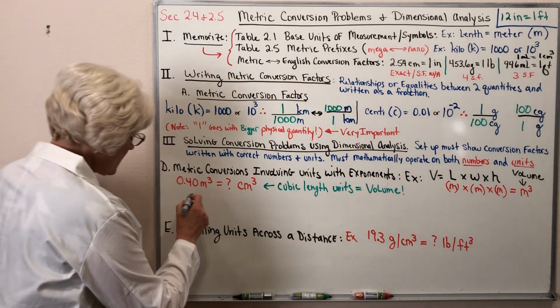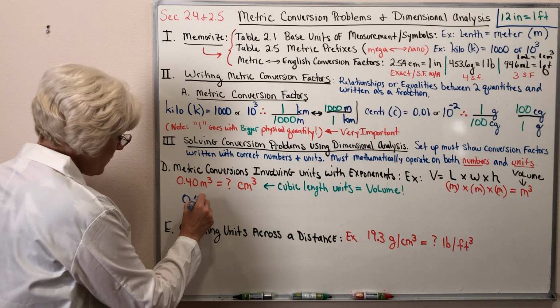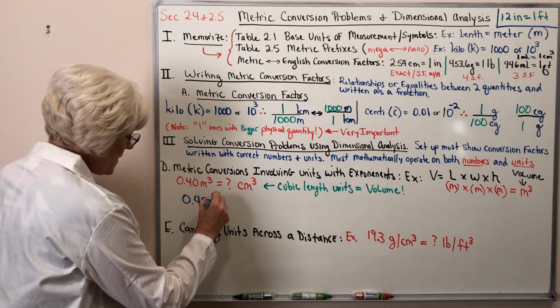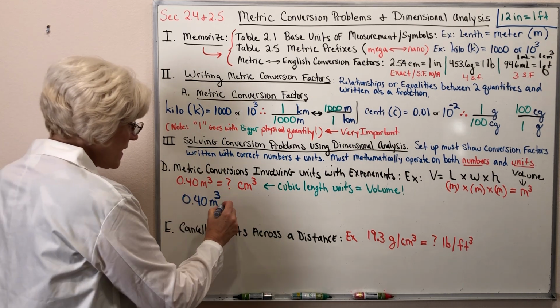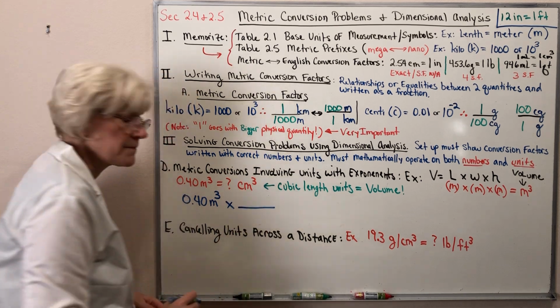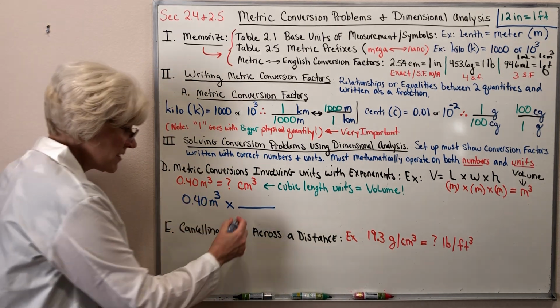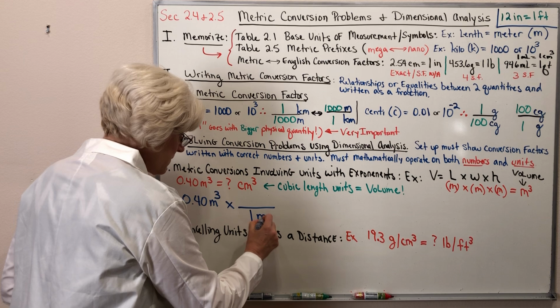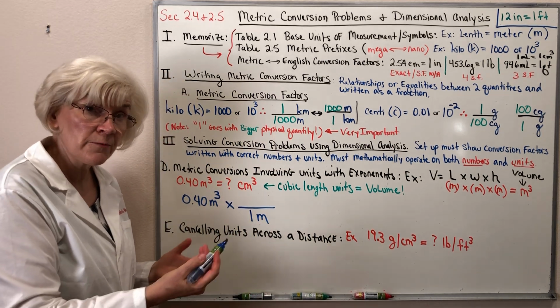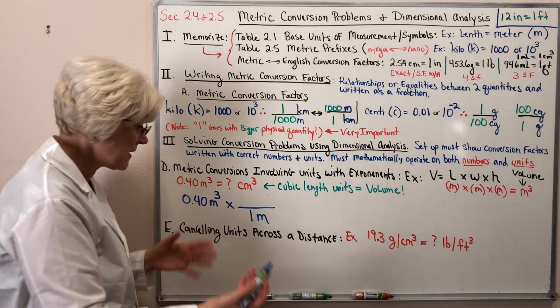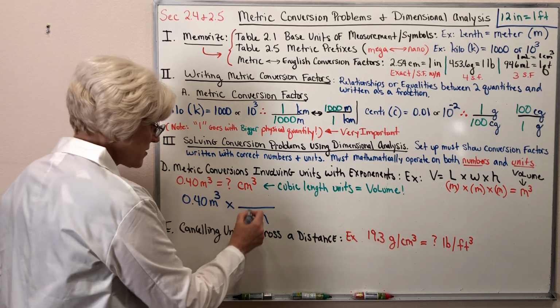Our starting point, the data given, 0.4 cubic meters, and we need to get to cubic centimeters. I often see students approach this problem using the relationship that we've already discussed between meters and centimeters.